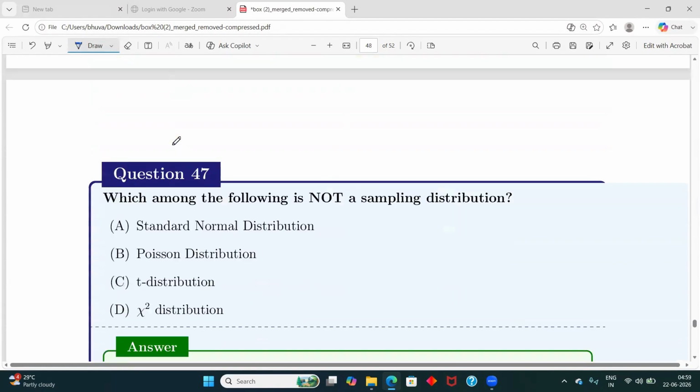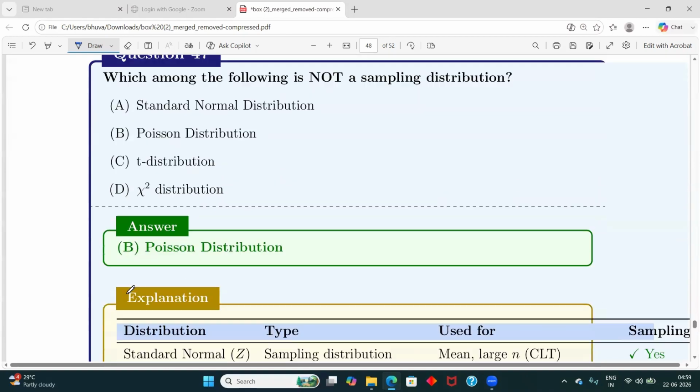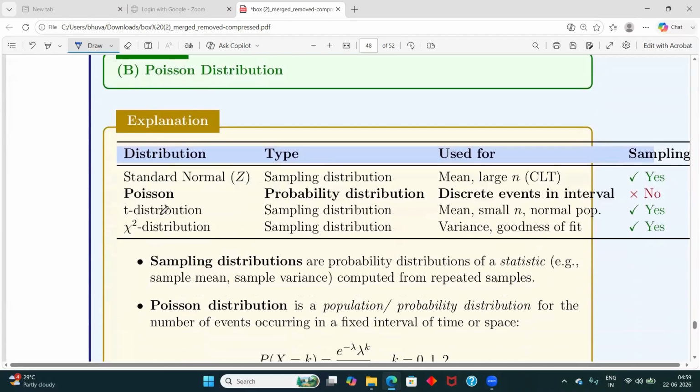Now moving to the next question, 47. Which among the following is not a sampling distribution? A, standard normal distribution; B, Poisson distribution; C, t distribution; and D, chi-square distribution. Normal distribution is a type of sampling distribution used for the mean of large samples with the help of the central limit theorem.